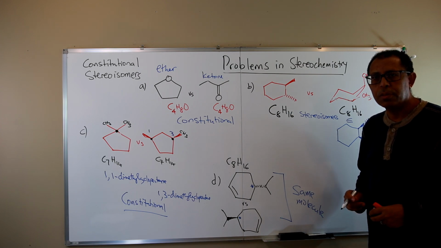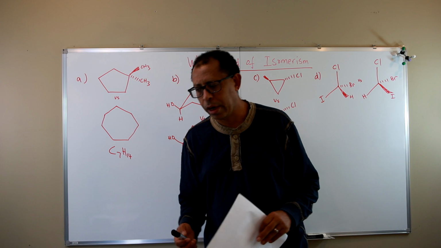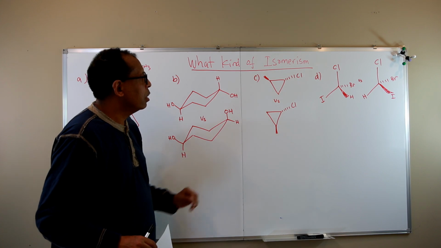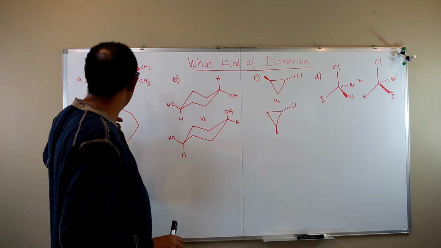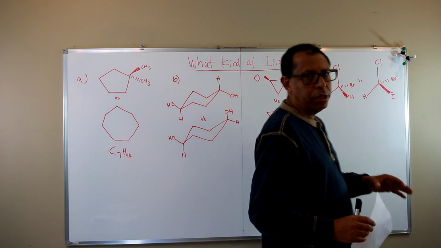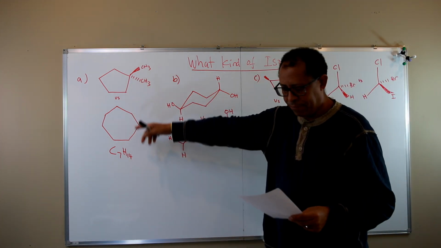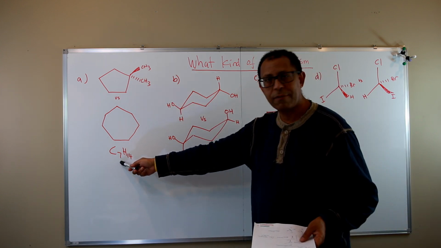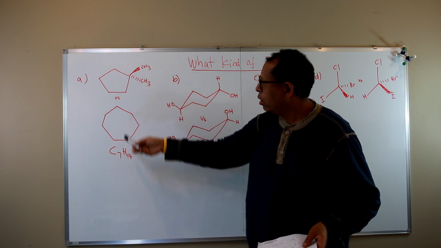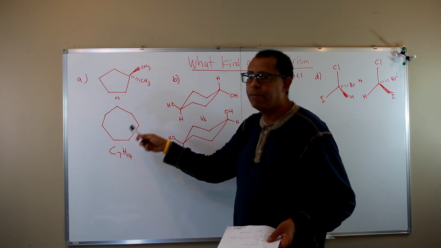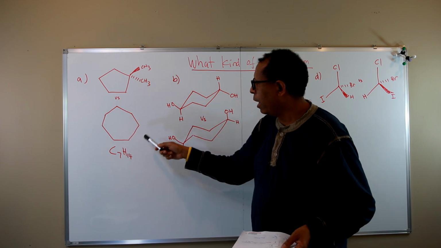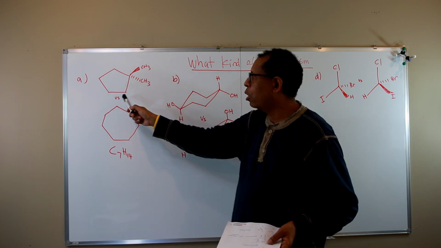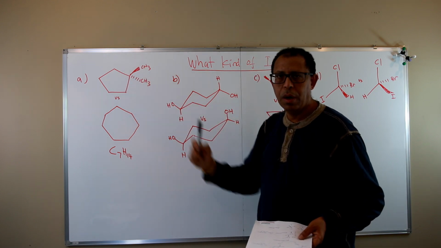Okay, let's continue our discussion on identifying what kind of relationships exist in this pair of compounds. You see, we have A, B, C, and D. So if we start from the first one, these two pairs look like they have C7H14 molecular formula, which are constituted very differently, meaning that this is a cycloheptane compound, but this is a cyclopentane, but doubly substituted.